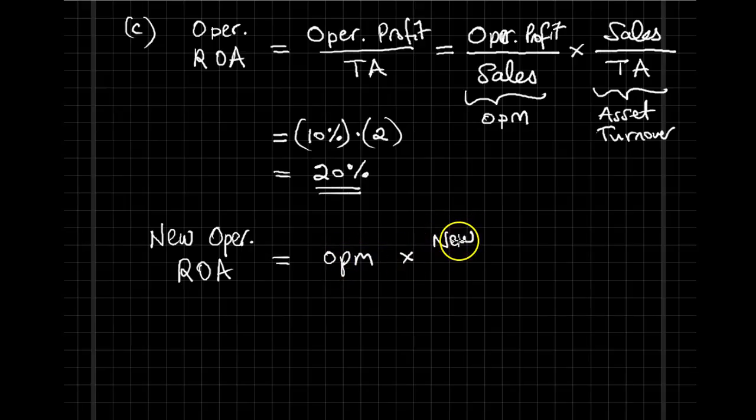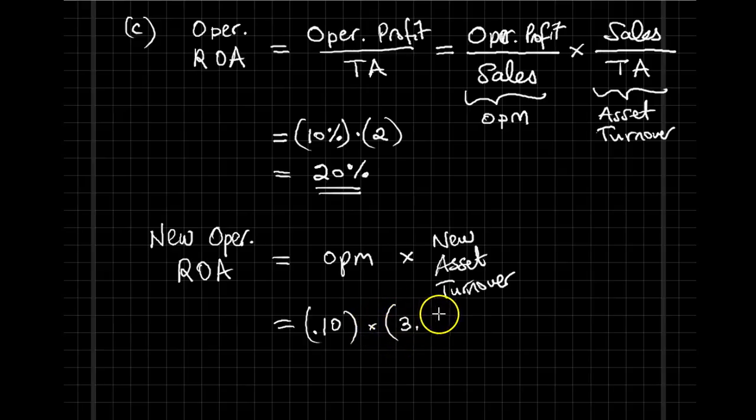The only thing is we have a new goal asset turnover ratio. Our operating profit margin is 10%. You know what, I'll just write it in decimals. And the new total asset turnover is 3.5, and multiplying these two will give me, I believe, a 35% operating returns on assets, if in fact I can achieve my goal.